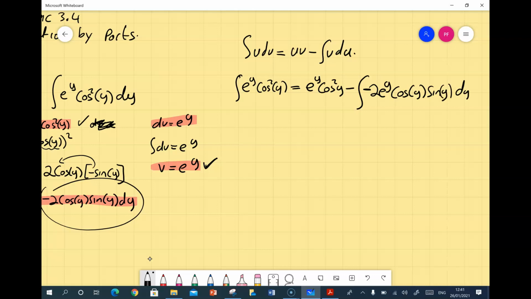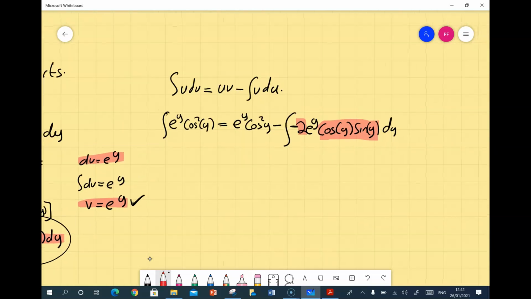Okay, so now this is where I'm going to utilize my trigonometric formula. So I've got a 2. When you're multiplying, you can rearrange these in any order, so there's no reason I can't have minus e to the power of y 2 cos y sine y. It's the same thing.